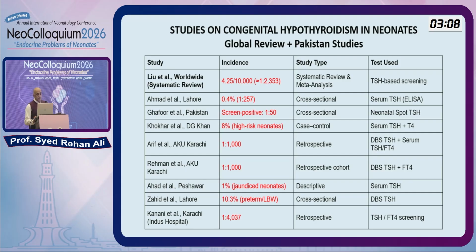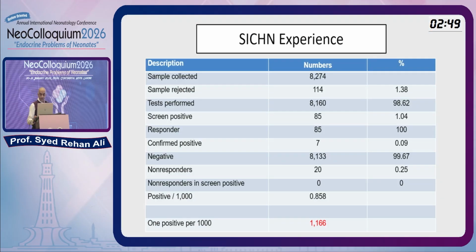So what about the studies in Pakistan? We looked at the studies from Pakistan from all across. Our incidence is around 1 in 1,000 to 1 in 1,500. This is the experience from my center, where we have done about 8,274 samples. 114 samples were rejected.